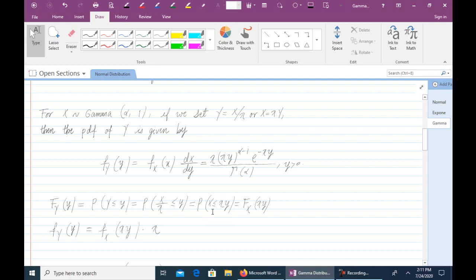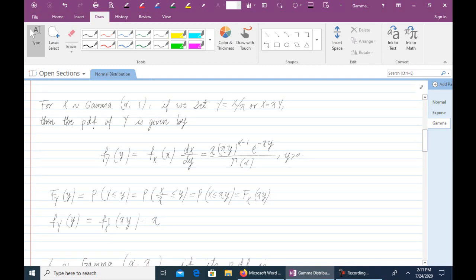So the probability that x is less than lambda y is exactly the CDF of x evaluated at lambda y. So now I take the derivative of the CDF of y, which will give the PDF of y, and if I take the derivative of the CDF of x at lambda y with respect to y, the outside function is the CDF of x, whose derivative is the PDF fx evaluated at lambda y, multiplied by the derivative of lambda y, which is lambda.